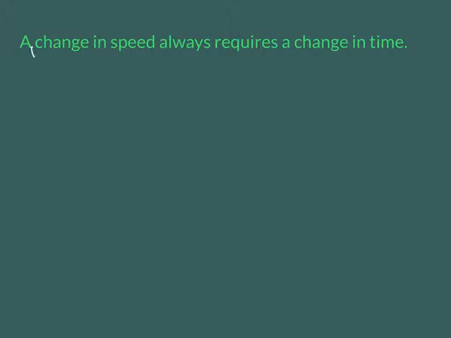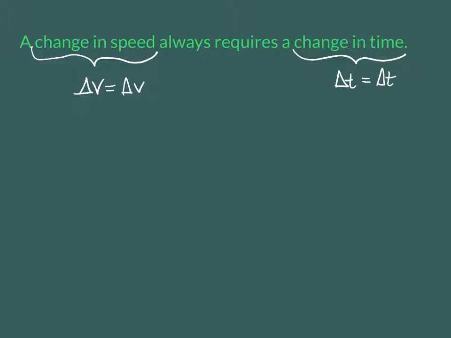So measurable quantity number 1 is change in speed, for which we use V for speed. We also use it for velocity when it's a vector, when we know the direction. Change in time, still what it is. And of course everything is identical to itself, so we can always write them as identities.